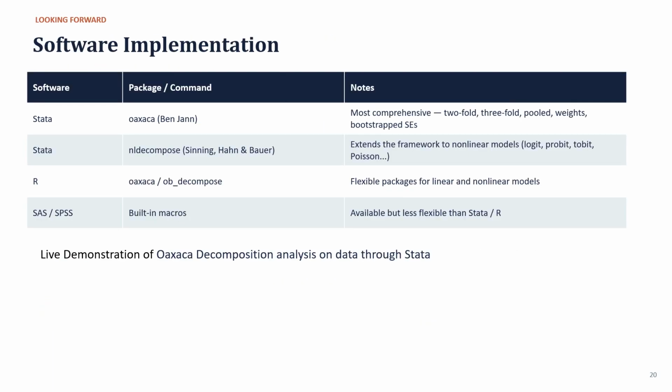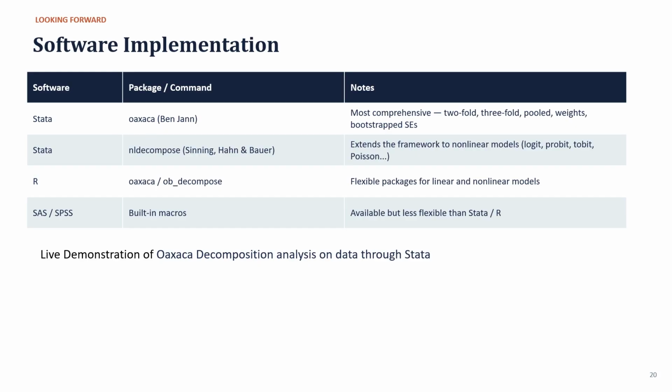Before we jump into the live demo, let's quickly look at the tools available to run this analysis. In Stata, Ben Jann's oaxaca command is the gold standard. It handles two-fold, threefold, pooled weighting, and bootstrap standard errors. If your outcome is binary, like employment status, use nonlinear regression decomposition analysis for logistic models.